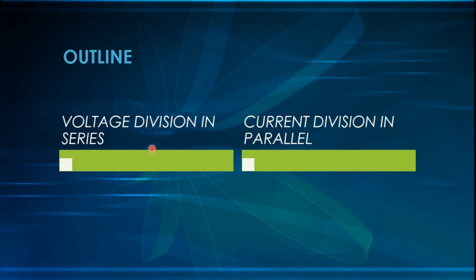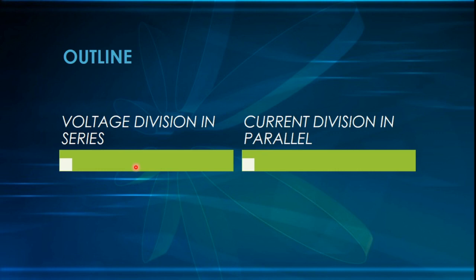If you see here the first one, we have written voltage division in series, and here it is written current division in parallel. One thing that we need to note is that when two components, for example two resistors, are connected in series, the voltage will be different for each resistor, but the current will be the same.